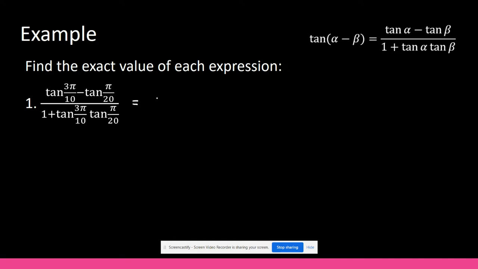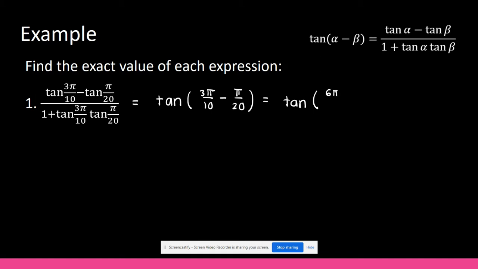So I'm going to be able to condense this down to the tangent of 3 pi over 10 minus pi over 20. Because these fractions have different denominators, I need to have a common denominator. So between 10 and 20, 20 is going to be that denominator, which means the first fraction I have to multiply the top and the bottom by 2.